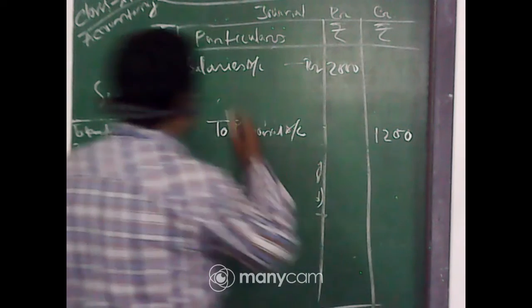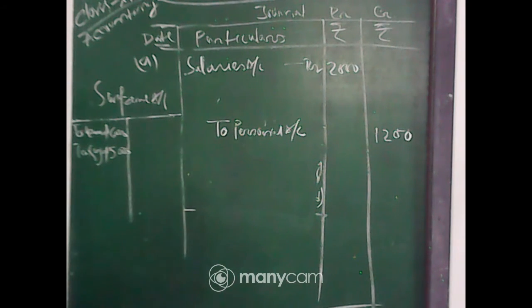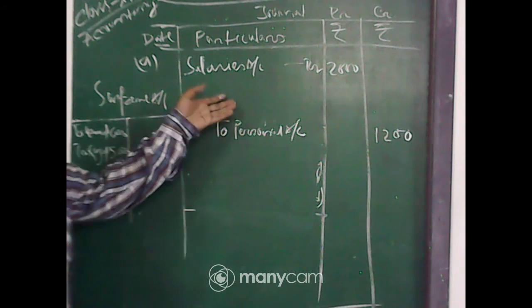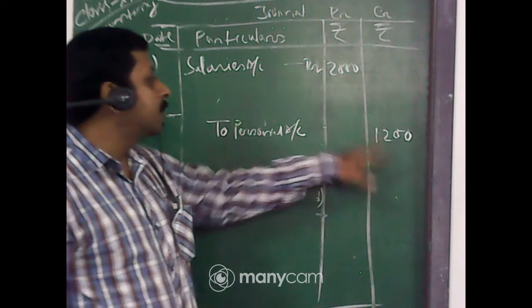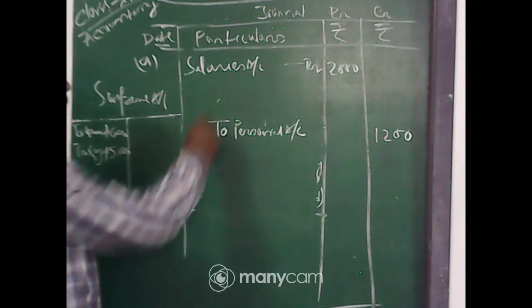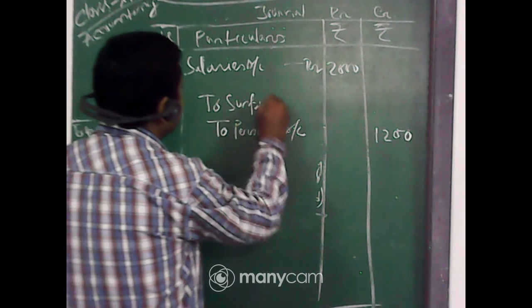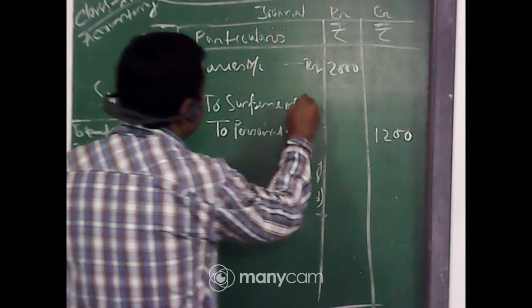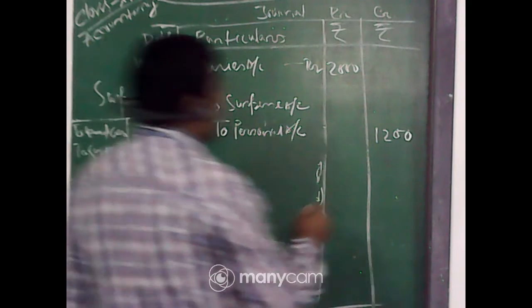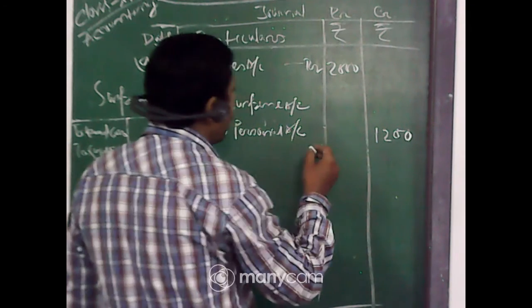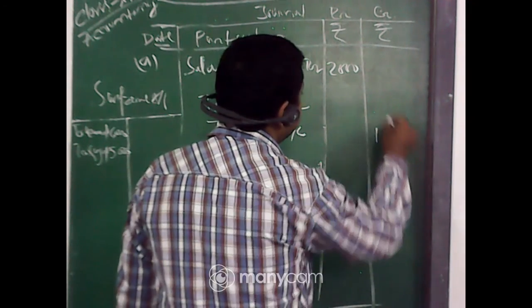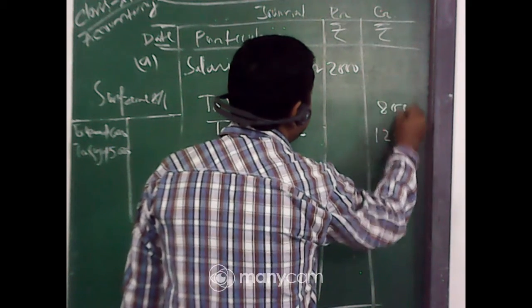Now there is another credit account you have to make. If the amount is not matching between debit and credit, what will we take? We will take the suspense account. To suspense account 800.